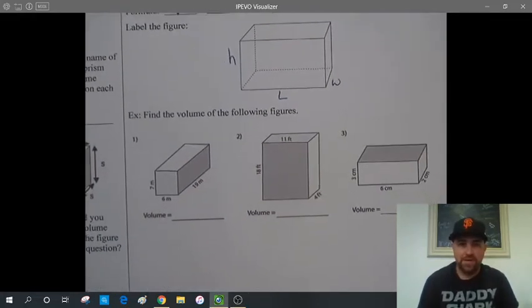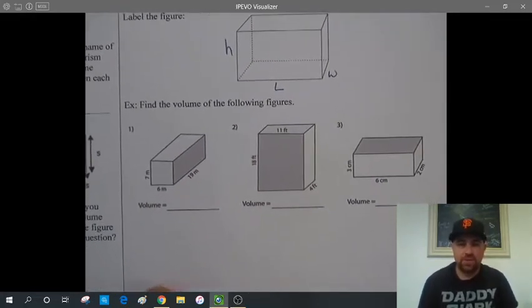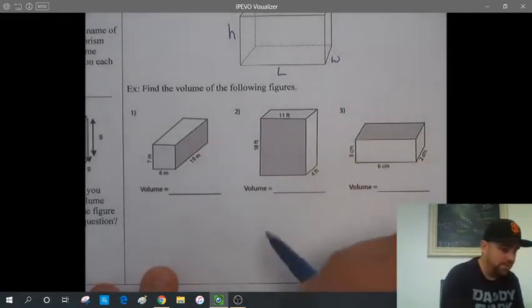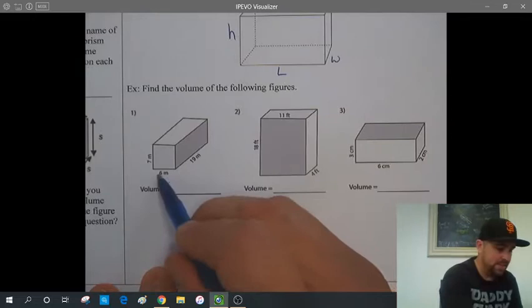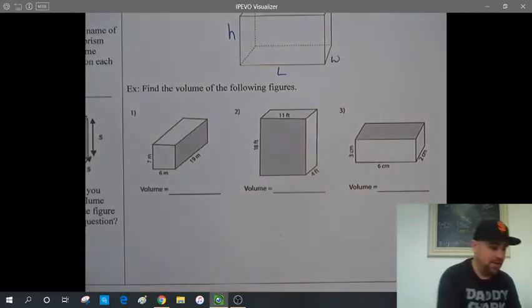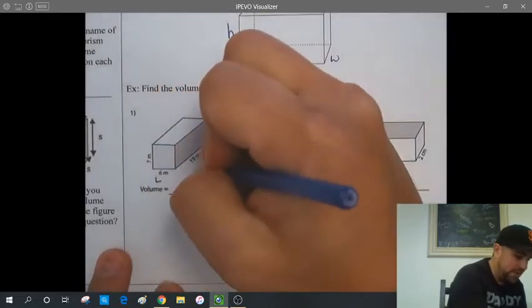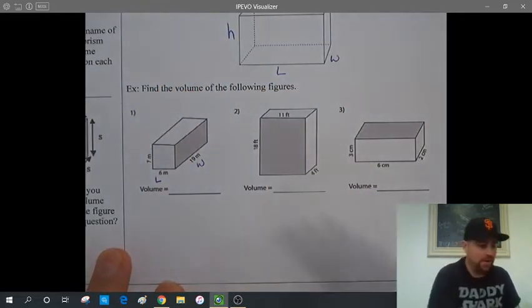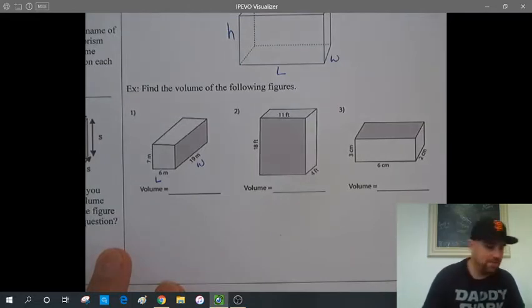So, examples down here. We have 3 rectangular prisms or boxes that we're finding the volume of. And so on this first one, again, I have on the base, the measurements of length and width there are 6 and 19. If I call the length the measurement across the front and the width the measurement down the side, that's fine, or I can reverse those and still get the same answer.